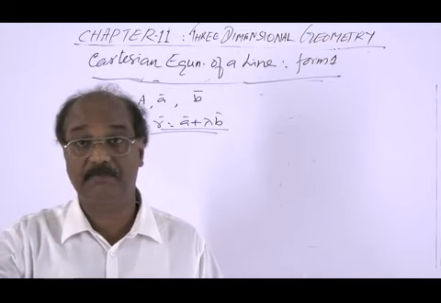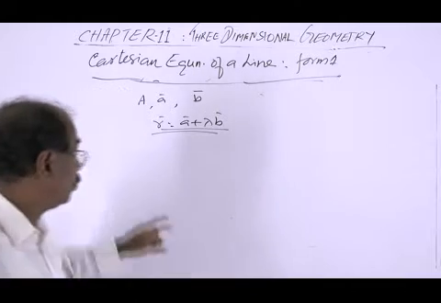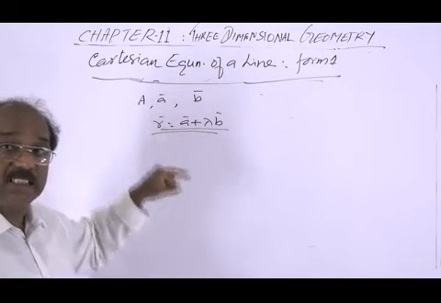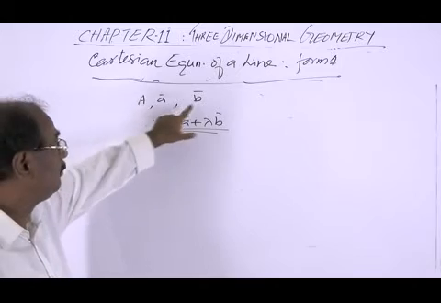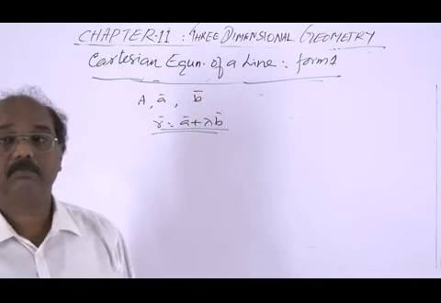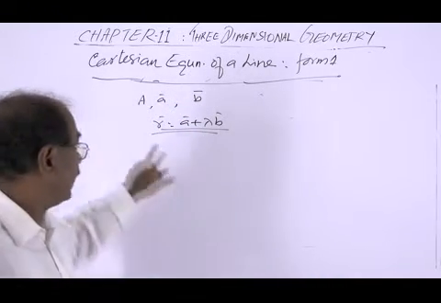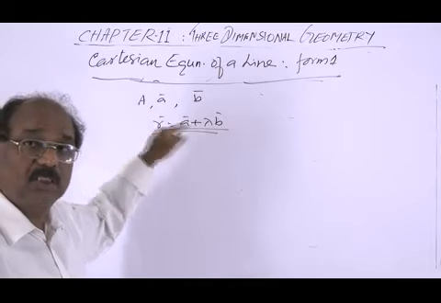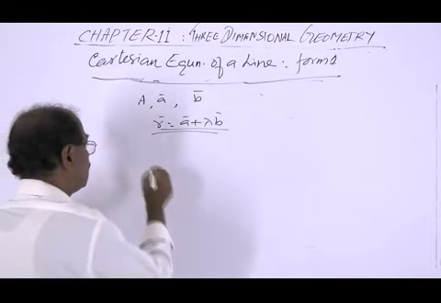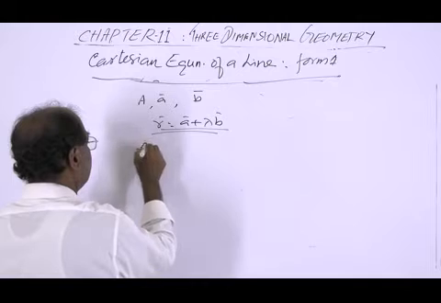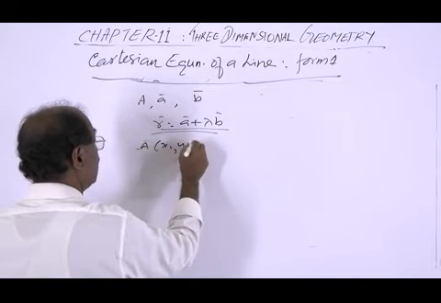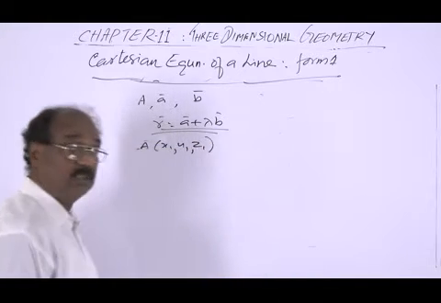To convert this to Cartesian form, a and b should both be in Cartesian form. A in Cartesian form means the coordinates of A will be given. Suppose the coordinates of A are x1, y1, z1.